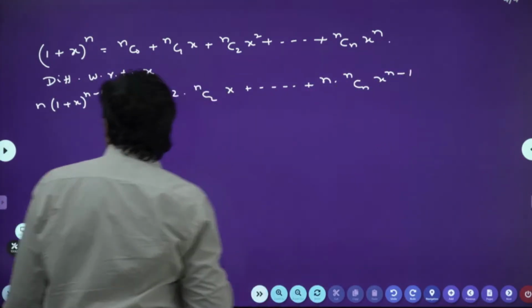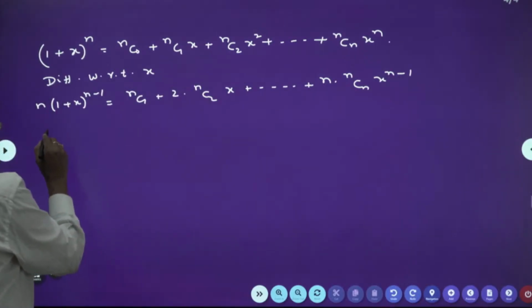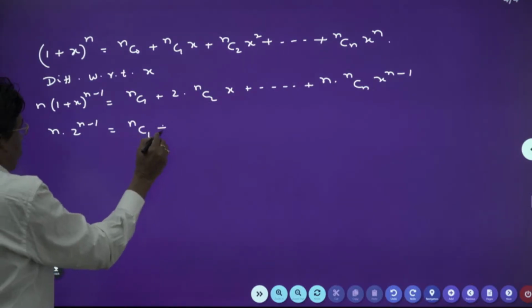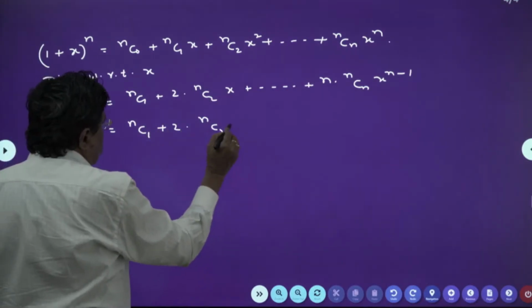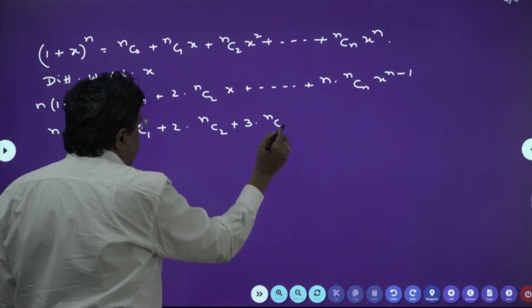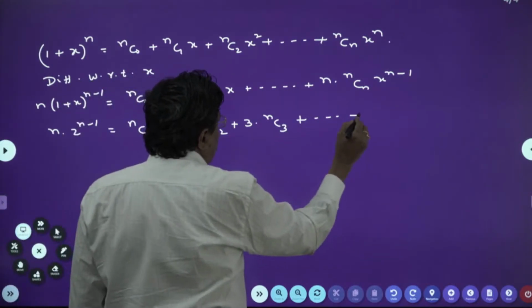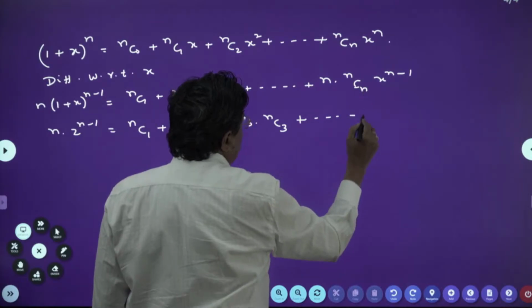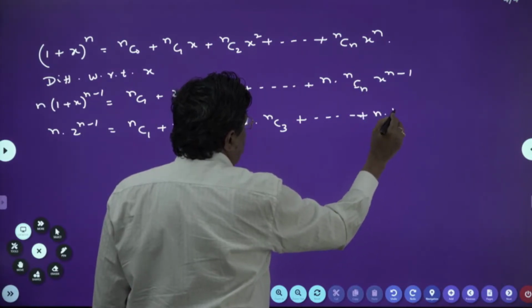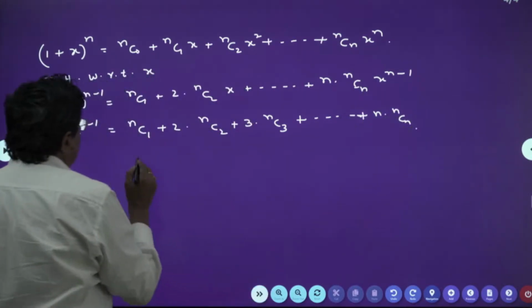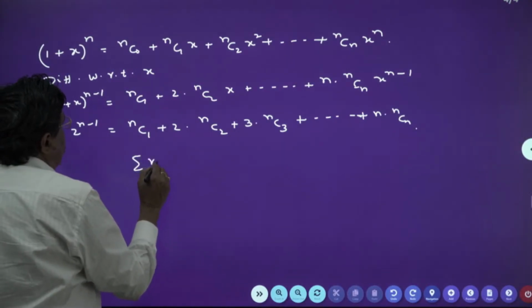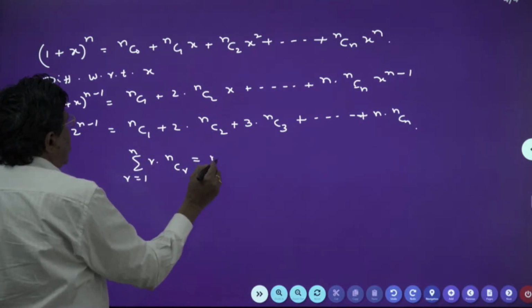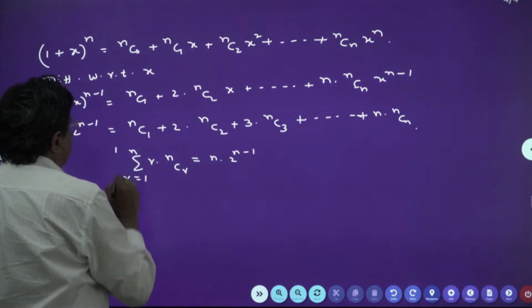So, if I put x is equal to 1, I get n into 2 to the power of n minus 1 is equal to nC1 plus 2 into nC2 plus 3 into nC3 plus so on plus n into nCn. So, what we get here is sigma r into nCr, r ranging from 1 to n is equal to n into 2 to the power of n minus 1.